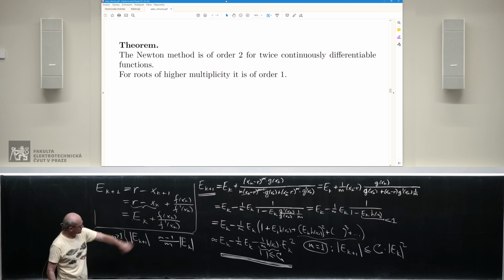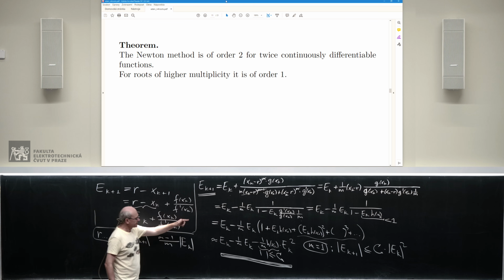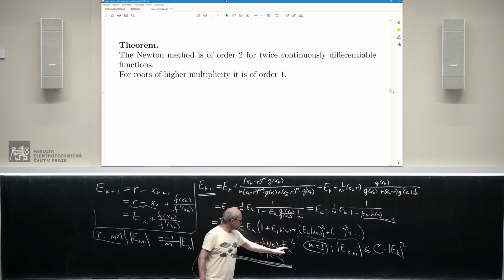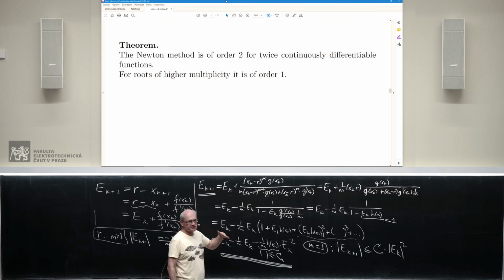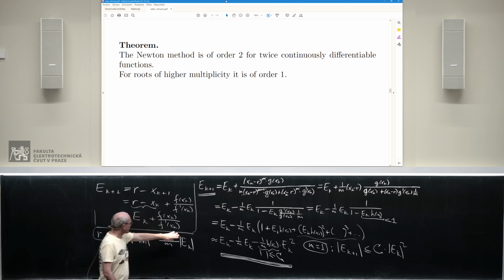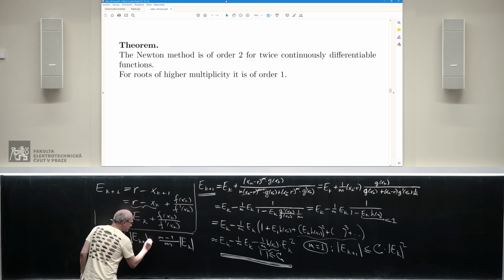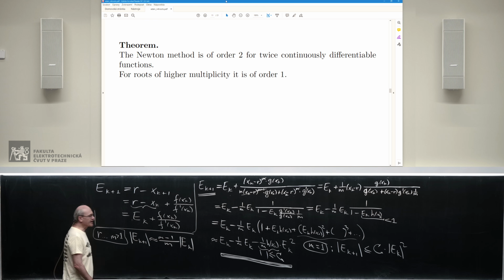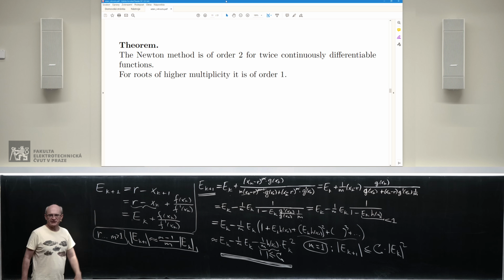I'm taking absolute values. Then there is another term which features e_k squared. But e_k is a small number, so when I square it, it becomes negligible. So I will drop the higher power terms, and again I will use this approximation mark. So this is the formula for the error when your root is of higher multiplicity.